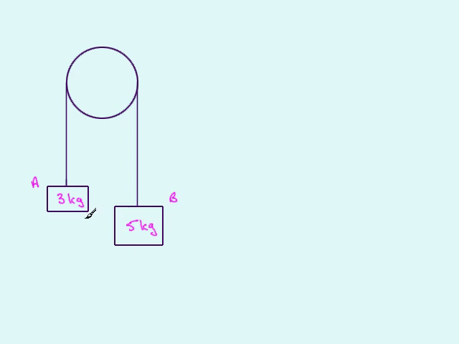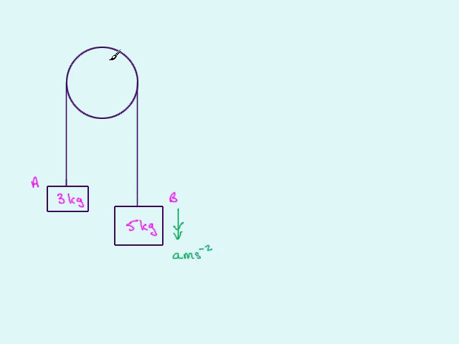Now, because B has a heavier mass, it's going to start to accelerate downwards. So I need to mark that acceleration in, so I'll do a double arrow to illustrate that and mark it as a meters per second per second.